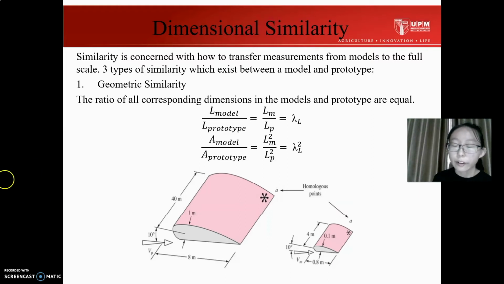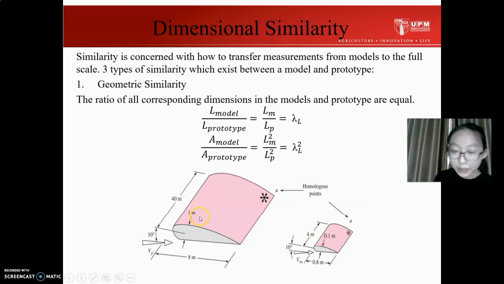L model over L prototype is equal to L_m over L_p is equal to lambda L. A model over A prototype is equal to L squared M over L squared P is equal to lambda squared L. So we can see in the picture here the 40 meter is equal to 4 meter.